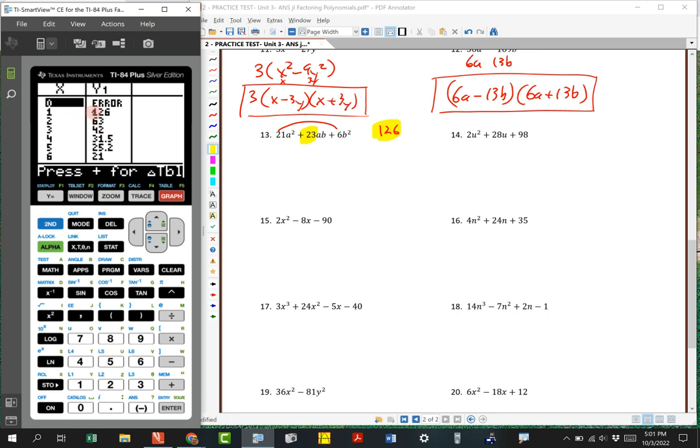So 1 and 126, that wouldn't make a 23. 2 and 63, that wouldn't do it. 3 and 42, getting a little closer. Let's see, 6 and 21, that would make a 27 or a 15. 7 and 18, and that's close because that's a 25. 9 and 14, okay, those would multiply to be 126, and we could get those to combine to be a 23.